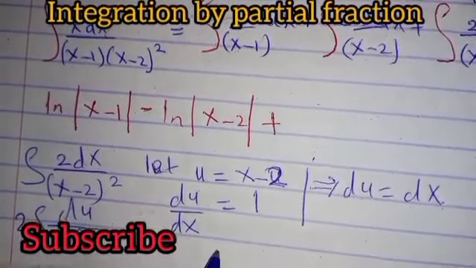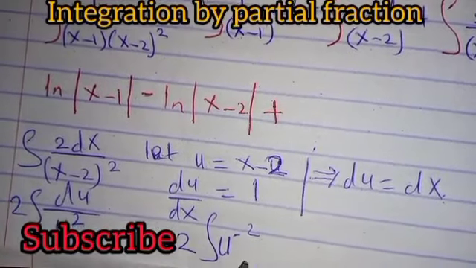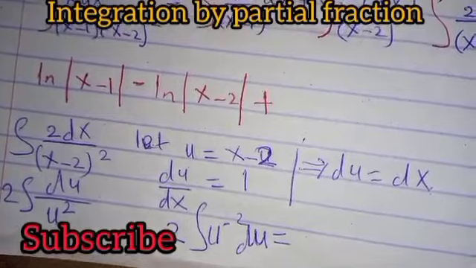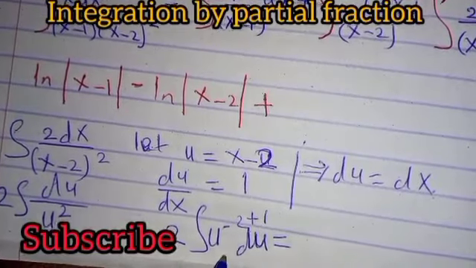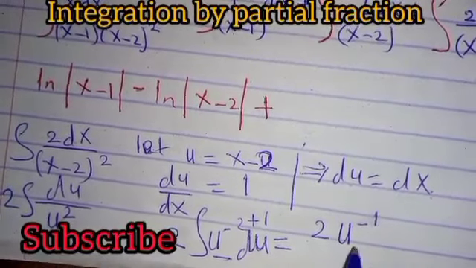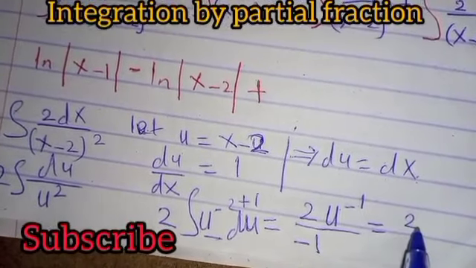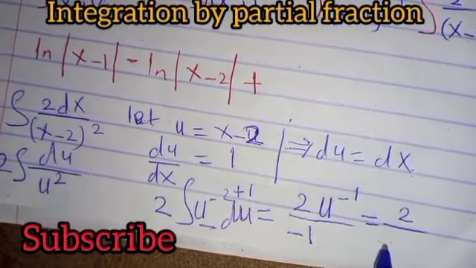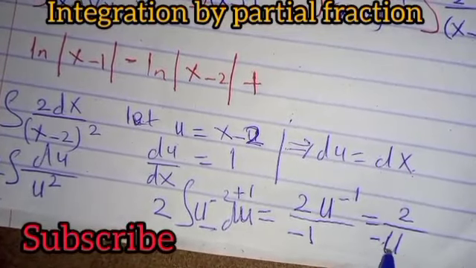So this can be written as u power negative 2, integral, there is 2 outside, du, which is equal to 2 times u power negative 1 divided by negative 1, which is the same as 2 over negative 1 u. When you take u down, it will give you negative 1 u.